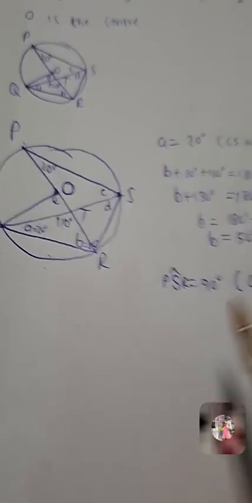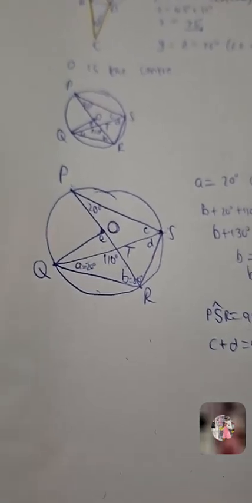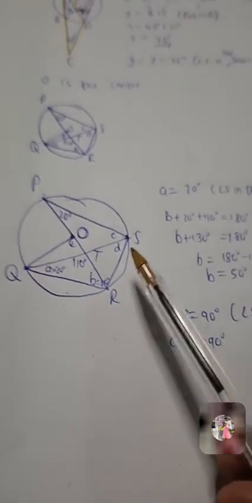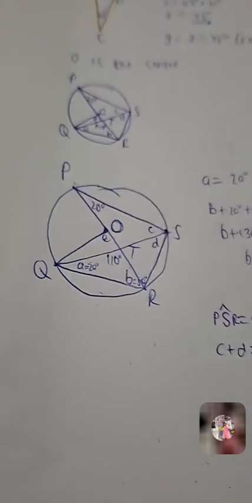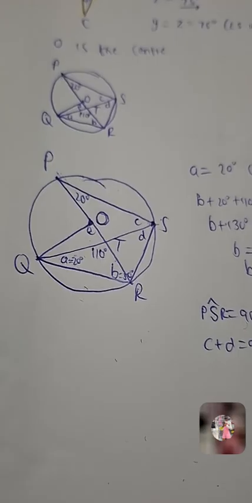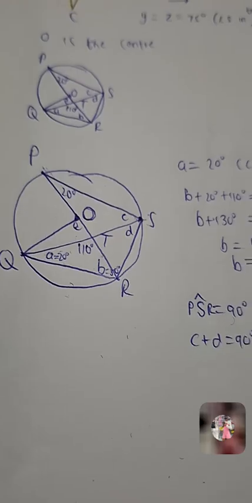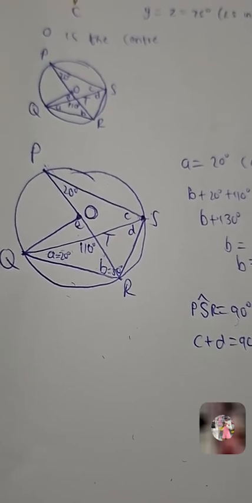Yes, PSR is 90 degrees. In other words, you said C plus D is 90. But we don't have C yet, and we don't have D yet. Can we find C or D? Is it possible to divide it by 2? Why? That's my question.